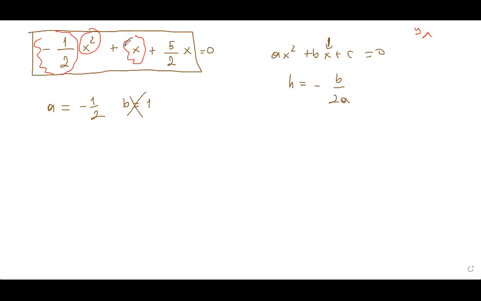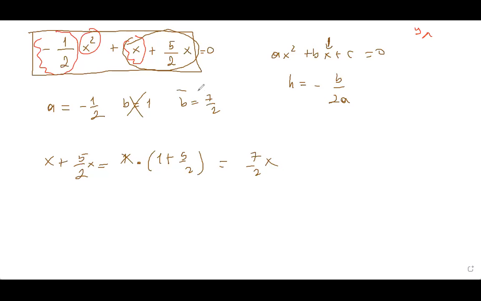So before the x, you look at this equation, this is the tricky part. x plus 5 over 2x could be written as x common parenthesis 1 plus 5 over 2, which will be 7 over 2x. So 7 over 2x means b is 7 over 2. Am I clear now? B is 7 over 2, not 1. C is 0. There is no c.